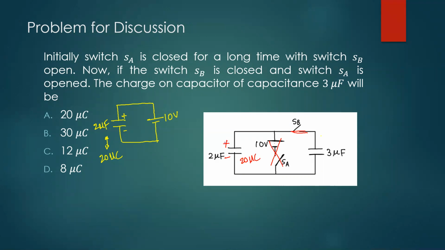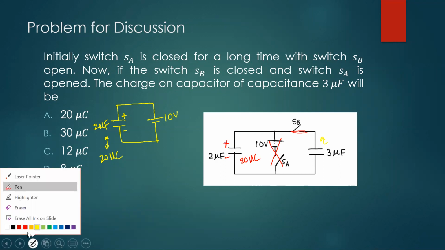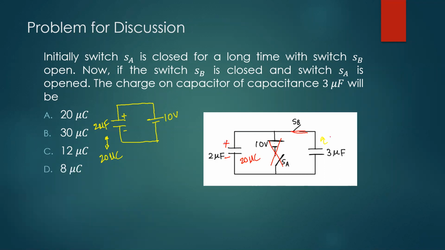So now suppose Q charge goes to the other, sorry, I think I'll just take the other color. Okay, so Q charge is put on to the 3 microfarad capacitor. Then what will be the charge here? Charge will be 20 minus Q. But the potential has to be same. So now for the 2 microfarad capacitor, what will be the potential?